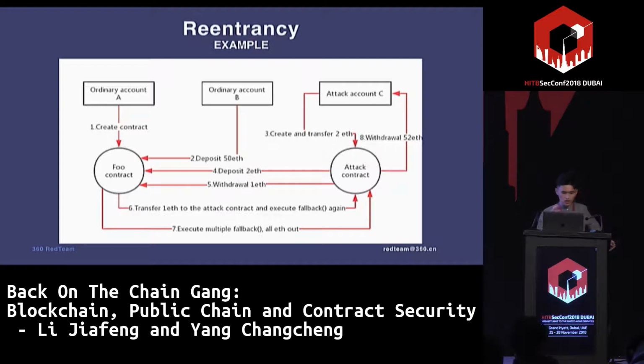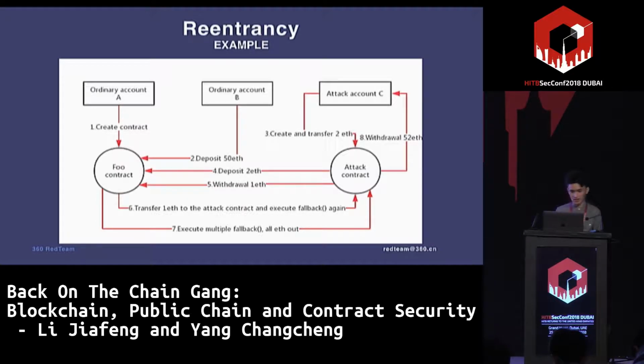So if you are account A, which is ordinary, we create a contract like a bank. We can deposit something and withdraw something. It's like the Fore contract. And ordinary account B: someone deposits some Ether to it, for example 15 Ether.